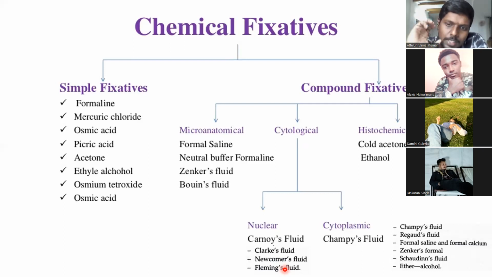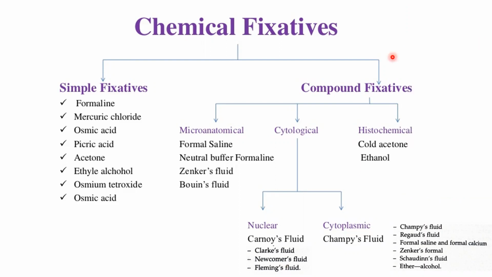Whereas if you want to study cytoplasmic components such as mitochondria, endoplasmic reticulum, or ribosomes, then we opt for a cytoplasmic fixative. One of the best is Champy's fluid. Then we have others, such as Regaud's fluid, formalin, and formal calcium.